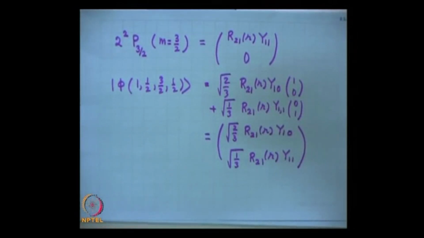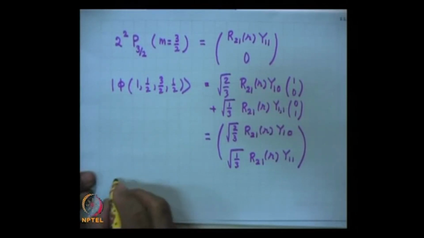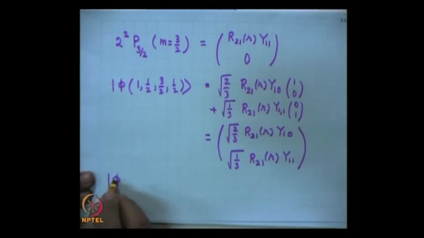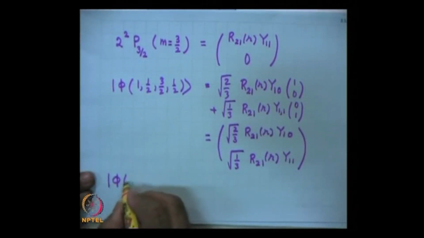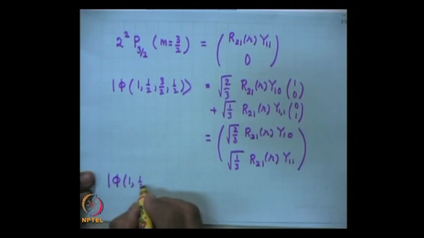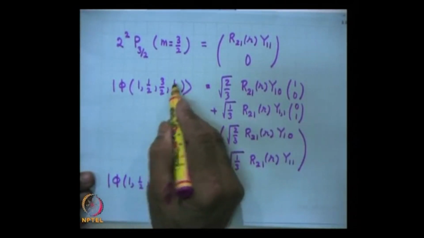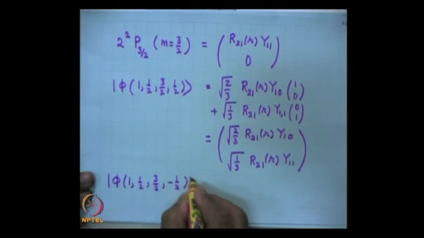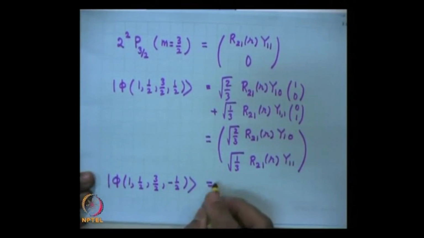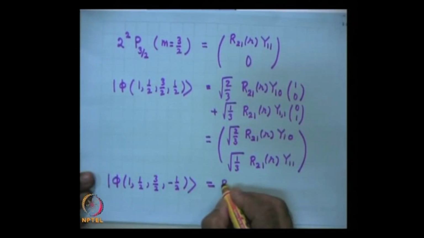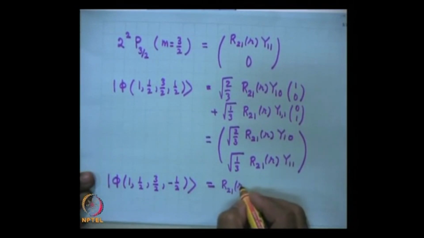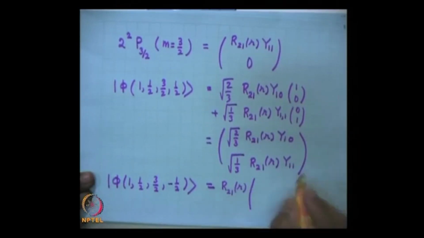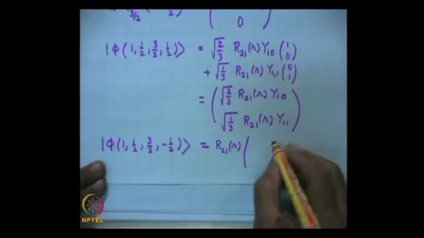Now I leave it as an exercise for you to show that if I operate phi by the J minus operator, I will get phi 3 halves, half, and if I operate this by J minus, half will reduce by 1. So this will be minus half. This will come out to be R 2 1 of r if I take it outside, and I leave this as an exercise for you to show.